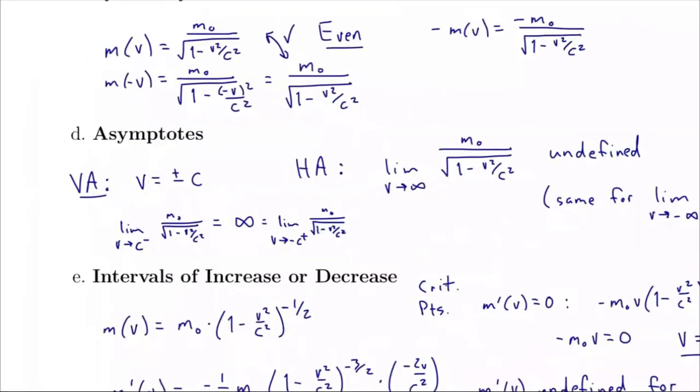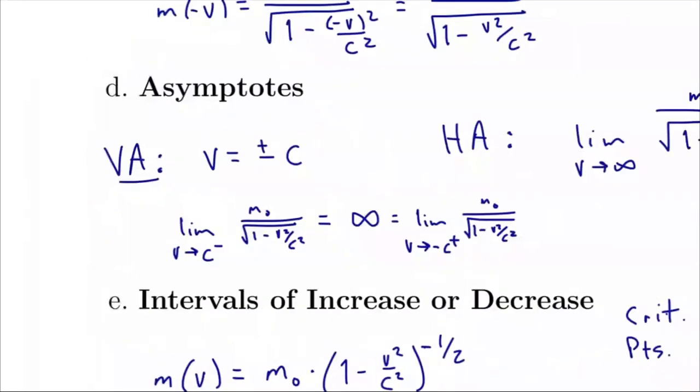So as its velocity increases, well, that's approaching the speed of light in the positive direction from the left, or the speed of light in the negative direction from the right. Well, that's just looking at v approaching c, right? We'll say from the left, so numbers that are less than this. So these numbers are less than 1, but they're approaching 1 from the left. So that's 1 minus something slightly smaller than 1.